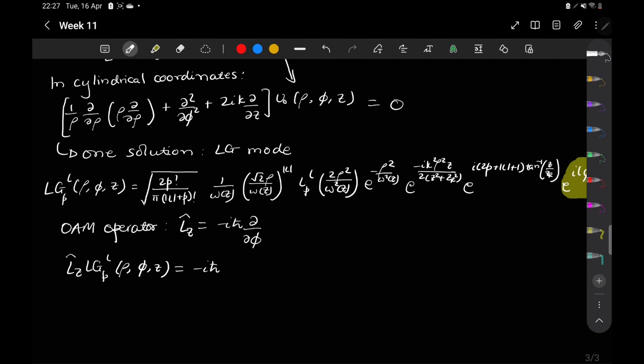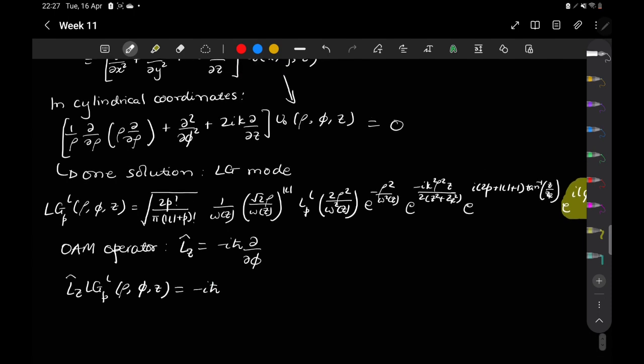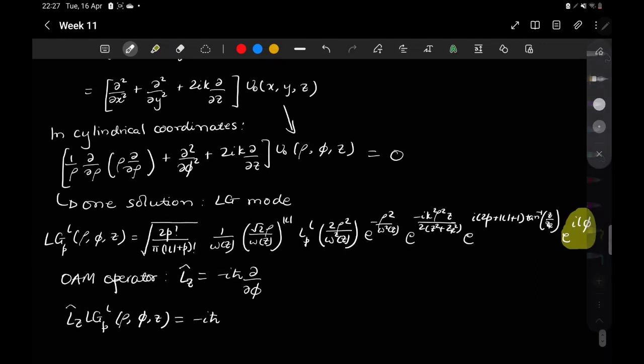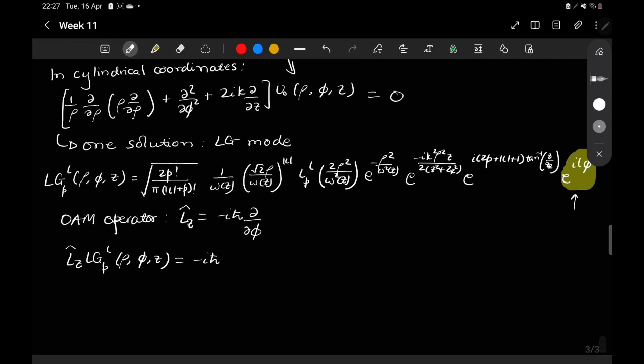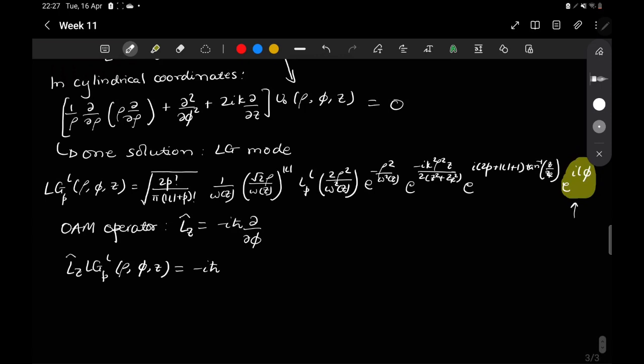Now derivative with respect to phi, and the only term that is going to contribute is this highlighted term. The rest do not have any phi term, so they will remain the same as it is. So we will get i l from the derivative of that, and then LG pl will remain the same.